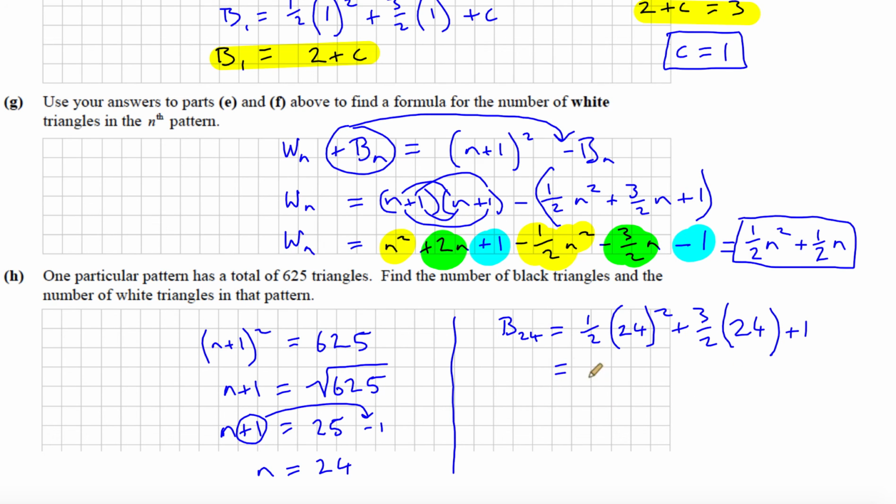And when we work all of that out in the calculator, we get 325. So that's the number of black triangles.